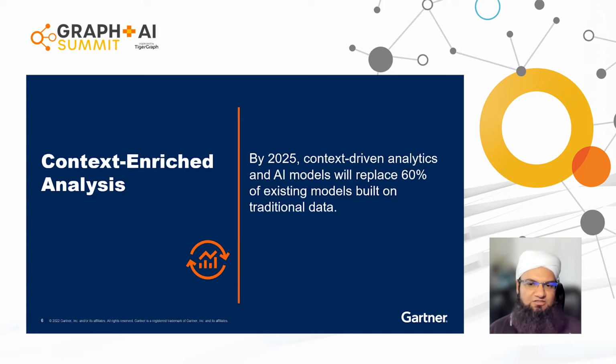So we predict that by 2025, models which can incorporate context, such as graphs, will replace 60% of models built on traditional data. And we're actually seeing this right now with many of the large tech companies, e-commerce and social network giants incorporating graph-based features and using graphs as their data model.